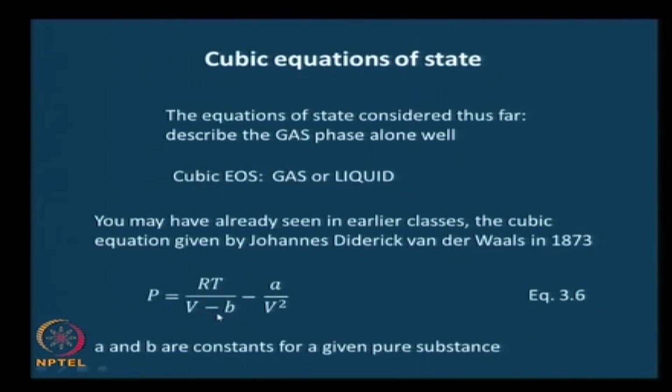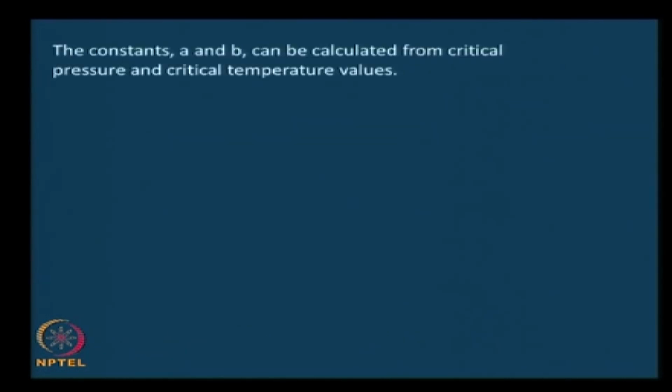Therefore, you would have a table that lists A and B for various pure substances. There is one at the end of your textbook itself. The constants A and B can be calculated from the critical pressure and the critical temperature values.